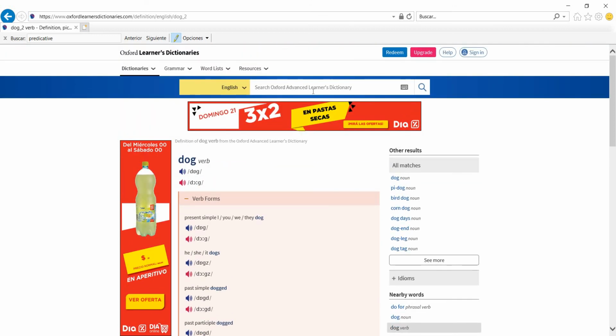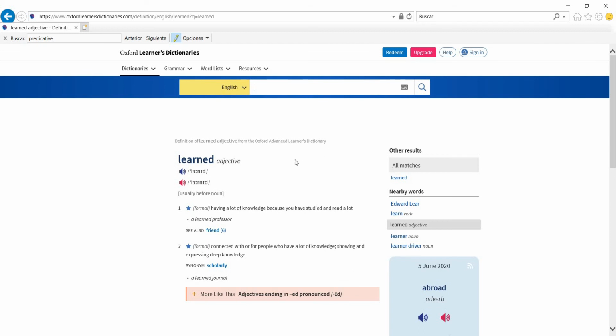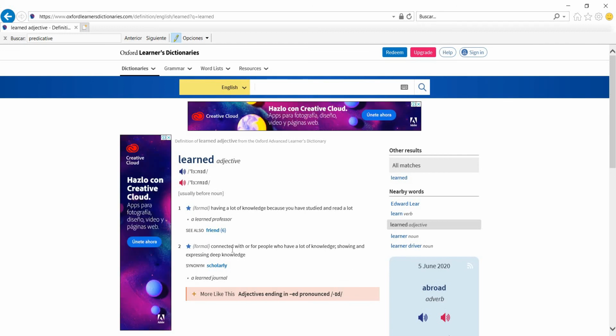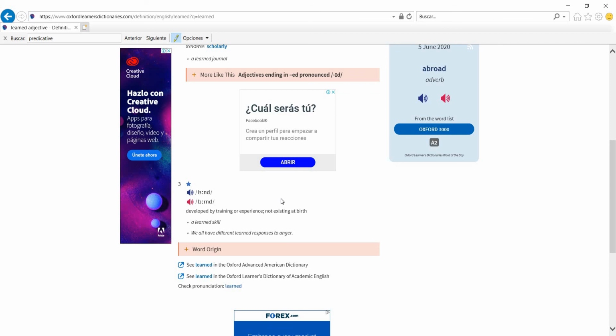And we're going to go to learned, right, as an adjective. Learned, a learned professor, a learned journal, having to do with knowledge always, right? Learned, right? But a learned skill, right? We all have different learned responses, learned, right?